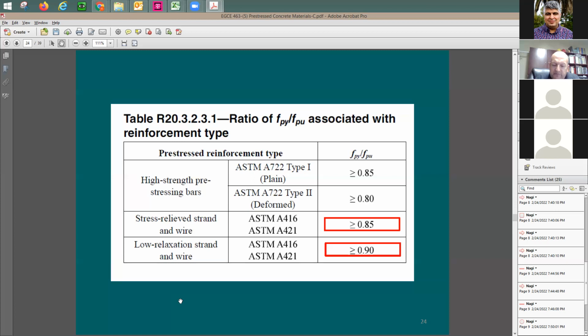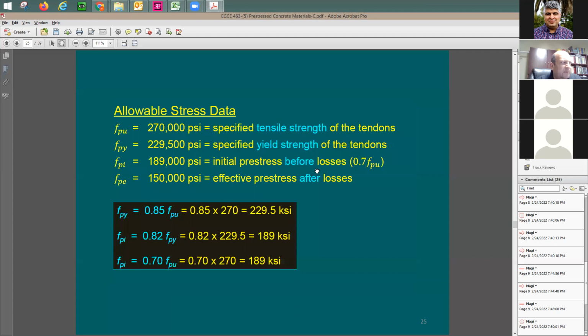But I would say 270, 189, 150. And the yield strength, 85% for the low grade of the 416 and 90% for the low relaxation, which is a higher grade A416. Okay, good. Let's keep this for now. We'll figure out the reason that we need this. The 722, I understand that this gives you the bars, like the Dywidag bars, but we're not really going to be using it. So I don't really care about these two numbers for now.